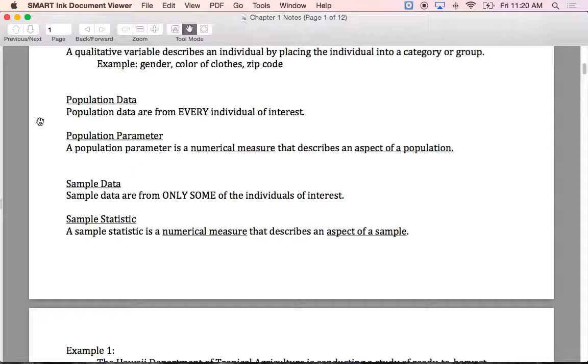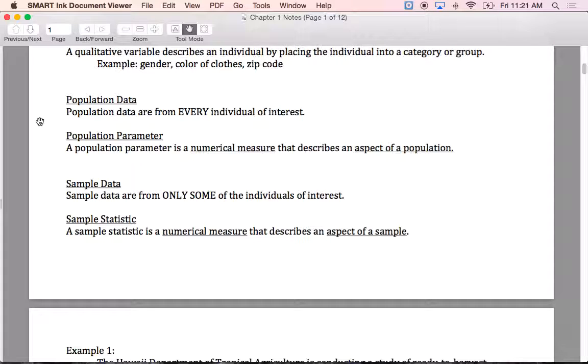Population data are from every individual of interest. We're going to have a population parameter then, and that's a numerical measure that describes part of the population. So you're looking at something that describes the population. For instance, we will see in Chapter 3, mean. So you could look at the population mean, or you could look at the sample mean.